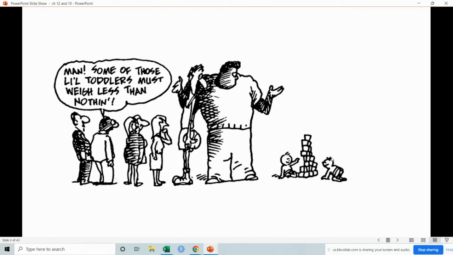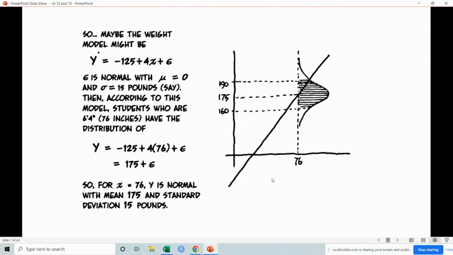So one possible problem is some of those little toddlers must weigh less than nothing, right? So what do we do about instances when values are below 0, especially in an applied world like height and weight? So maybe the weight model might be y equals -125 plus 4x plus the error term.